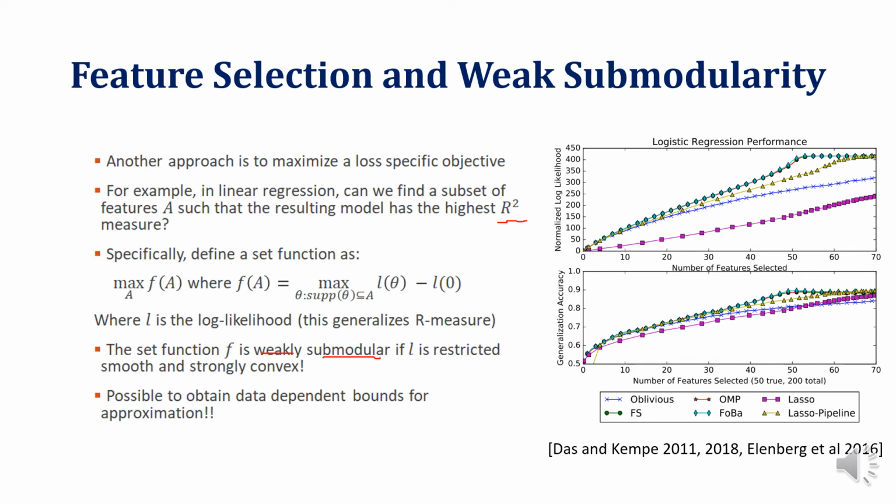So it's intuitive that if this ratio is greater than or equal to 1 for every possible subset, only then can we treat the function to be submodular. And it turns out that with weak submodularity defined in terms of the submodularity ratio, you can actually come up with data dependent bounds for approximation, basically gamma dependent bounds for approximation.